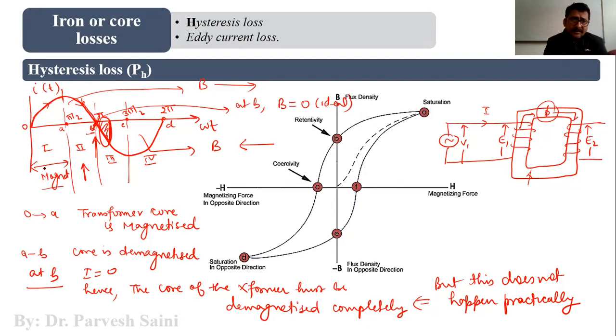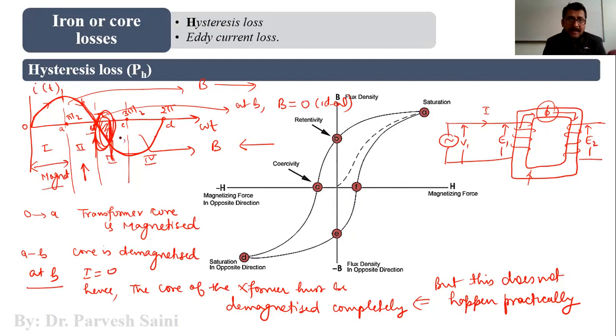These are losses because this part of the negative half cycle, which could have been used for some useful work, is now being used to demagnetize the core first, then from here onward it will start magnetizing the core.